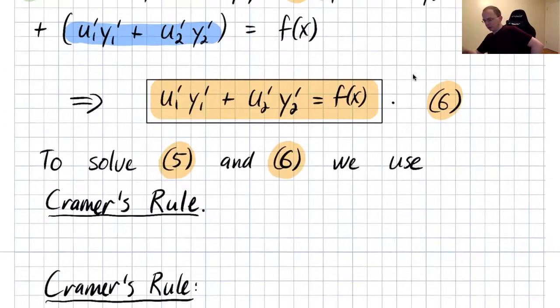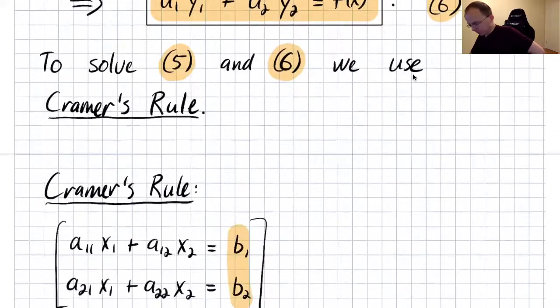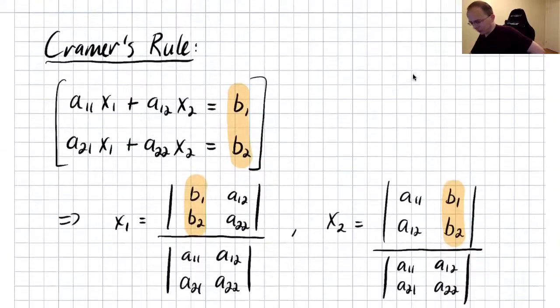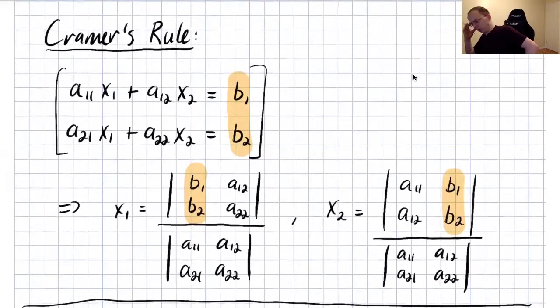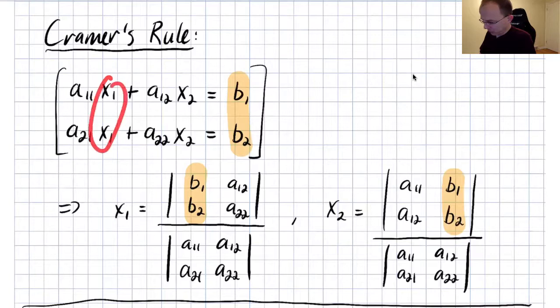So how does it work? Let's go over Cramer's rule. You may have seen this before, but imagine you have a 2x2 linear system, two equations in two unknowns, x1 and x2. These are the coefficients of x1 and x2 in the two equations, and these are the two right-hand sides. How do we solve this?